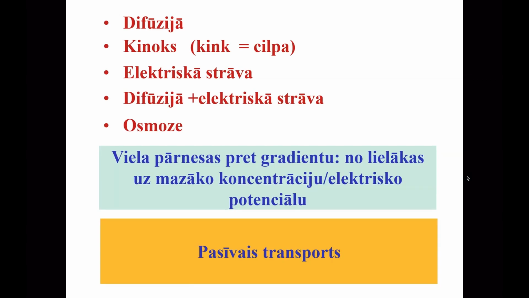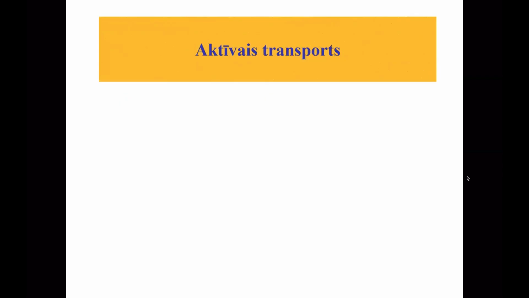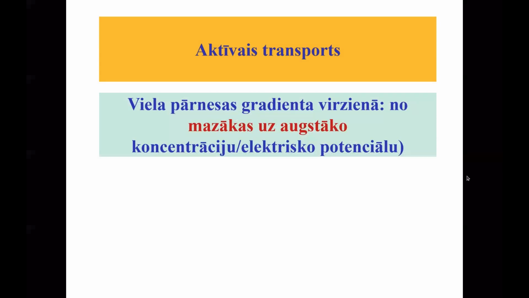However, the human organism needs transportation against the gradient, from lower to higher concentration, from lower to higher electrical potential. In this case, we need some engine to do this. This is active transportation, from the lower to the higher.